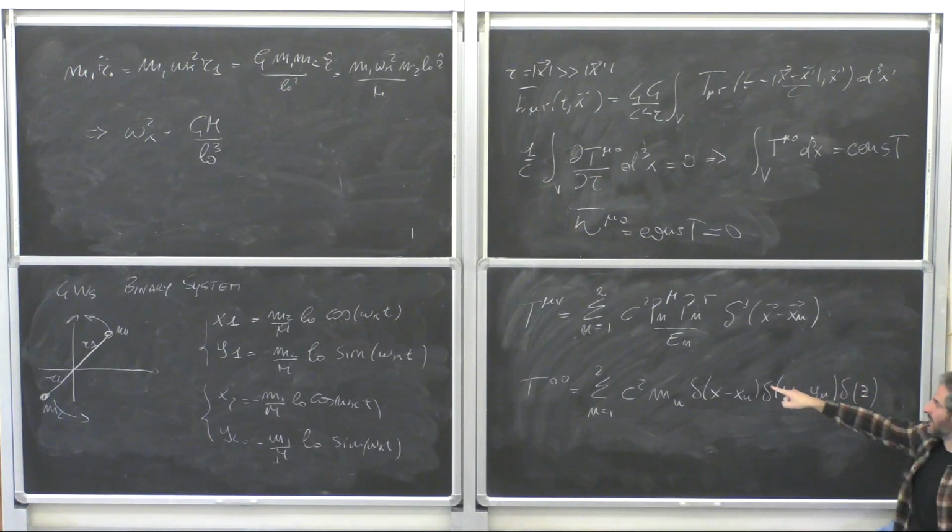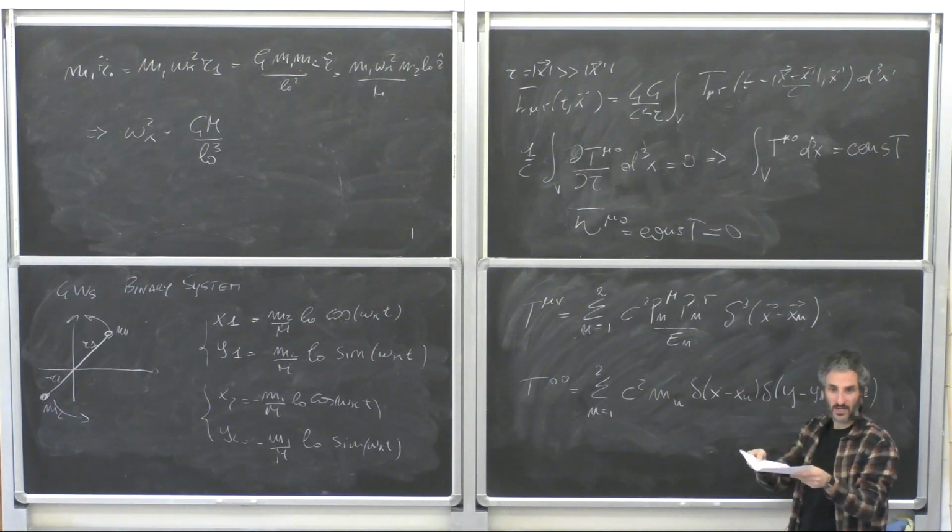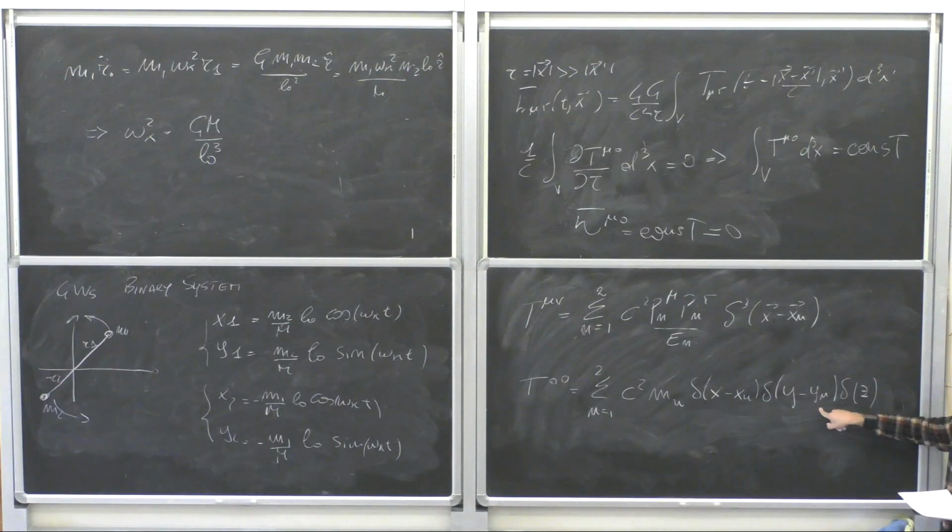I've just unpacked the P and the energy, okay? And since my particles are running on the xy plane, there is coordinate x, coordinate y, and zeta n is equal to 0, okay? They are here, moving. This is just the T00 component of the stress energy tensor.